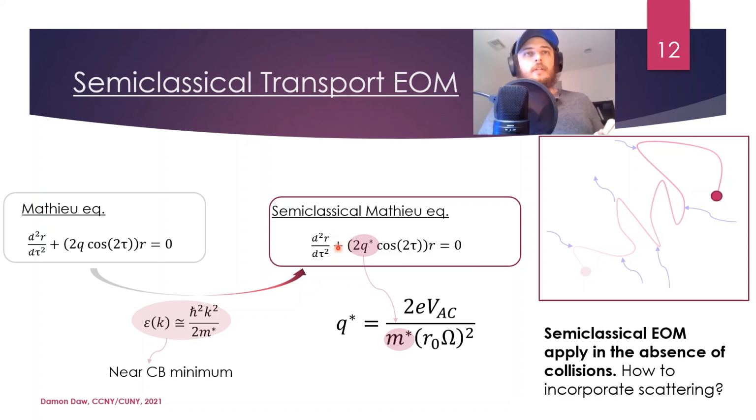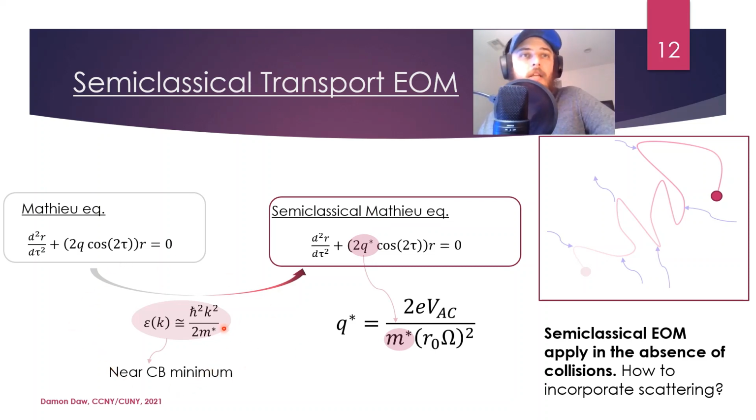The semi-classical Mathieu equation tells you how the dynamics of a localized electron wave packet will behave when you apply an external field to it, if it's in the conduction band of, say, diamond or silicon or something.